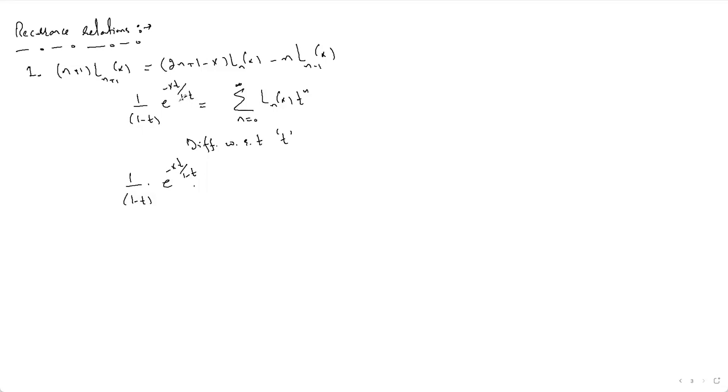So what is the differentiation of xt by 1 minus t? I will do it here, then I will write it directly. I will keep x out because it is constant. I have to take differentiation with respect to t only, so x into d by dt.